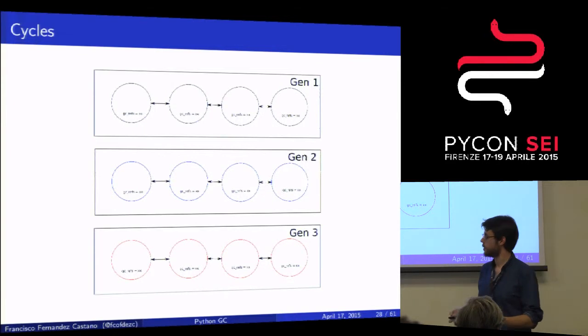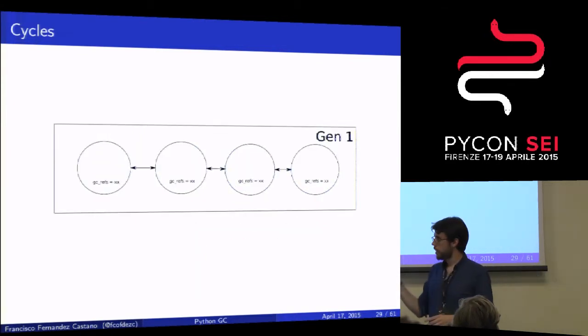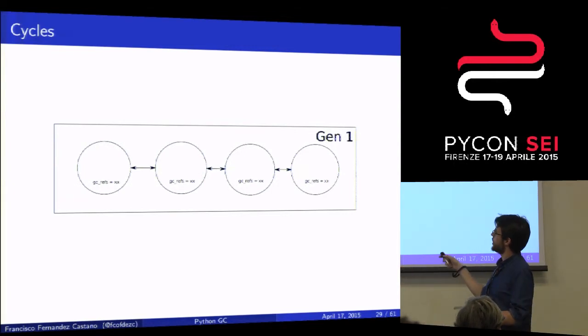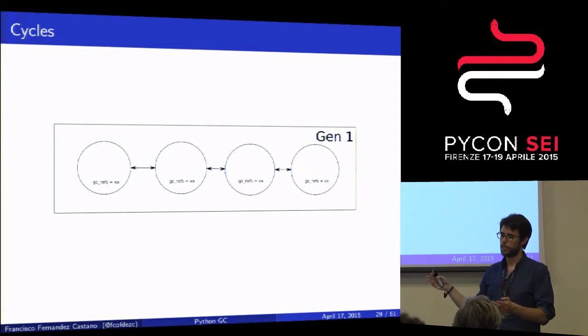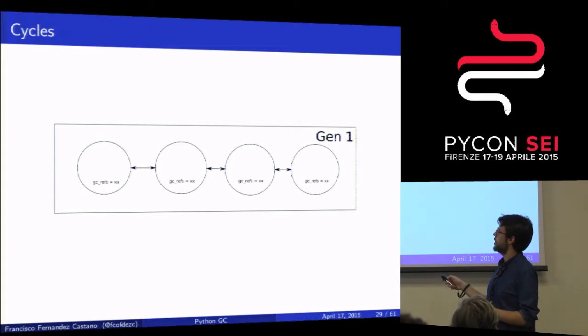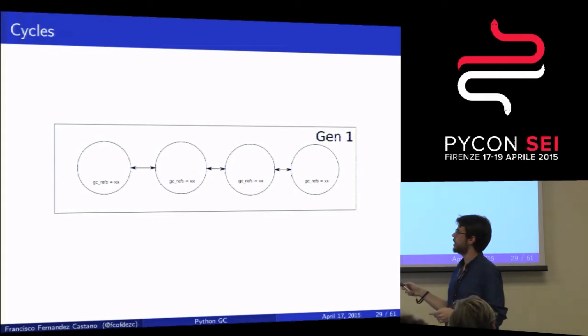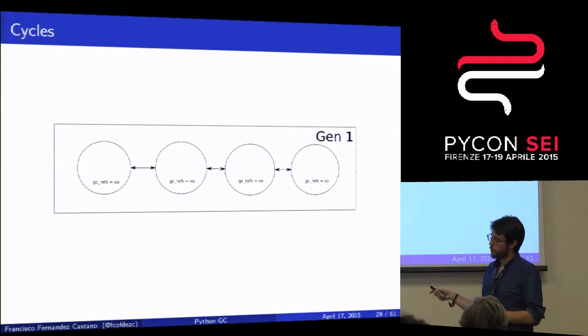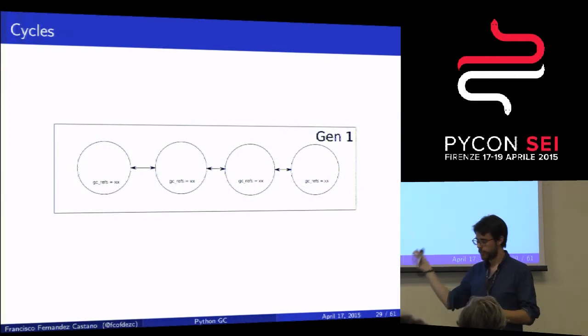So let's focus on the first generation. These are the objects I showed you before, this doubly linked list that has some counter. This is the counter, or probably a flag that says whether this is a reachable or not reachable object.